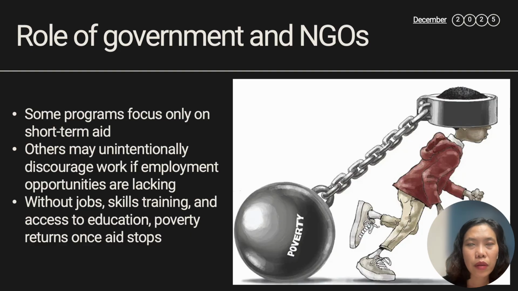They have the DTI programs, or even the TESDA schools that are offering basic skills for jobs. Without jobs, skills, training, and access to education, poverty returns once aid stops. So that's the reality.